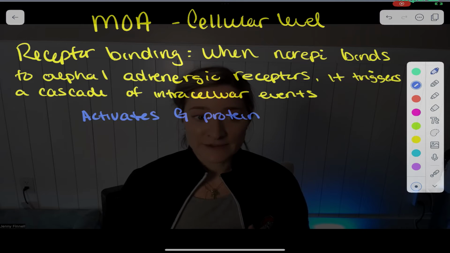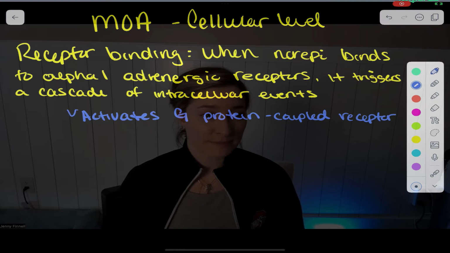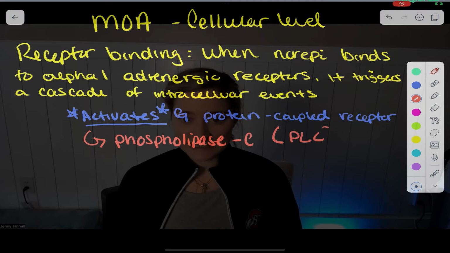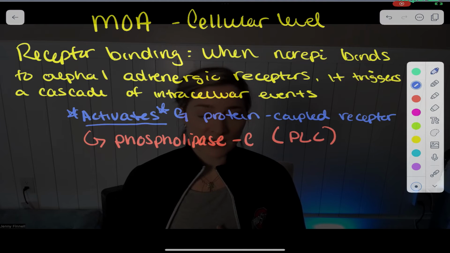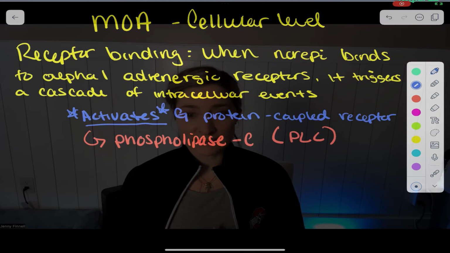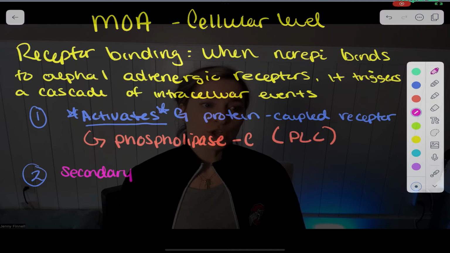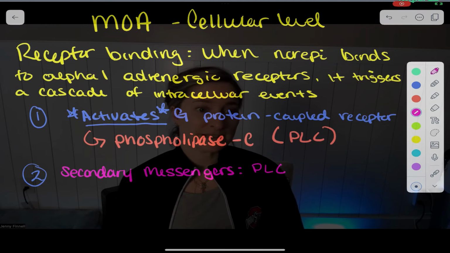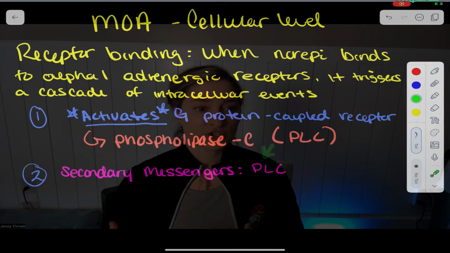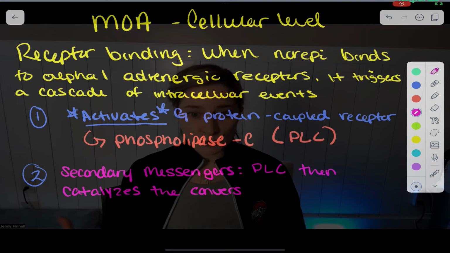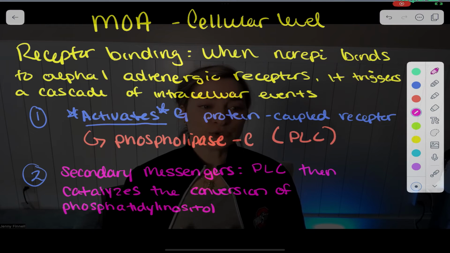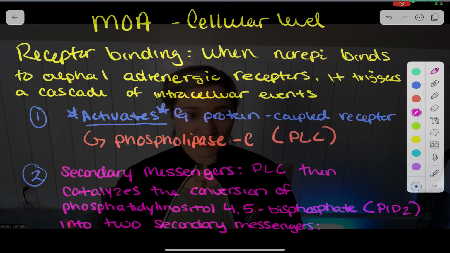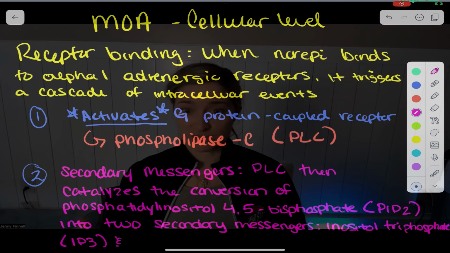This binding activates G protein-coupled receptor pathways, leading to the activation of phospholipase C, or PLC. Then you have the secondary messengers, which is that when the phospholipase C then catalyzes the conversion of PIP2 into two secondary messengers, IP3 and DAG. Just remember DAG.